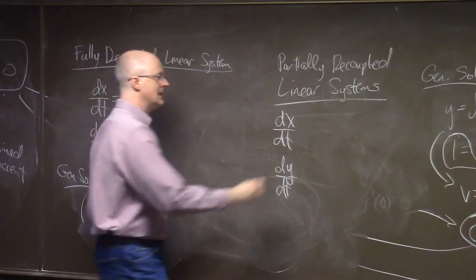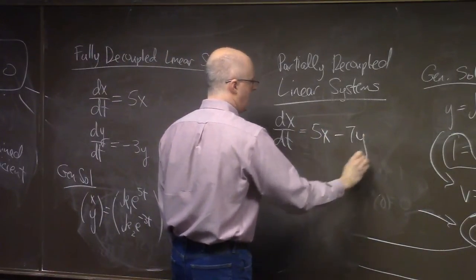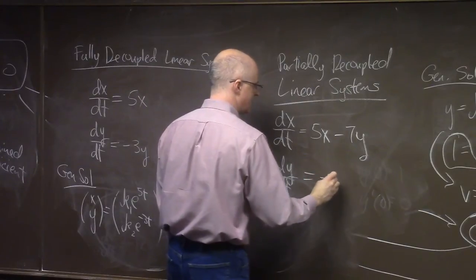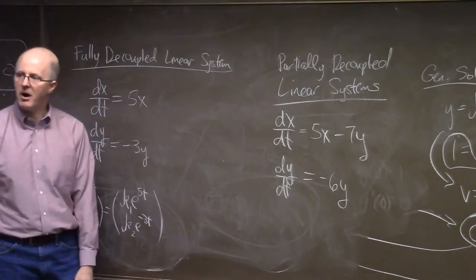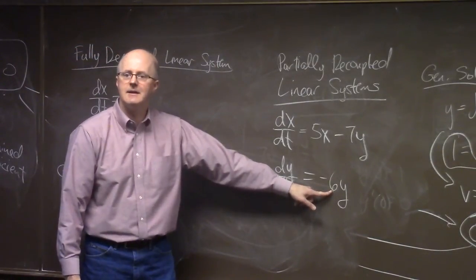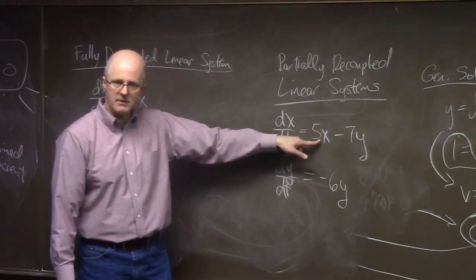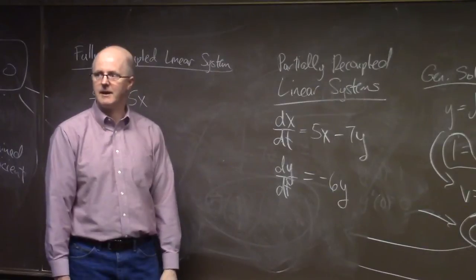For example, if dx/dt was 5x minus 7y and dy/dt was negative 6y, that's a partially decoupled system. The dy/dt equation has no x's on the right-hand side. However, there's some coupling going on up here. The dx/dt equation has y on the right-hand side.